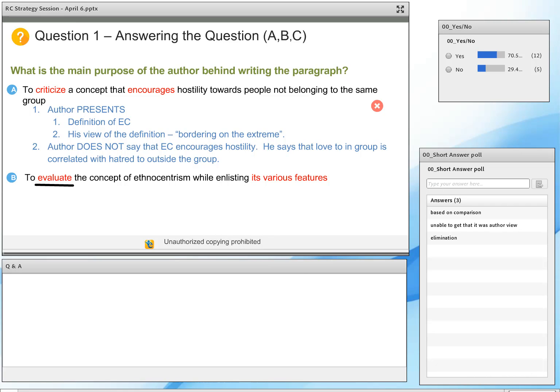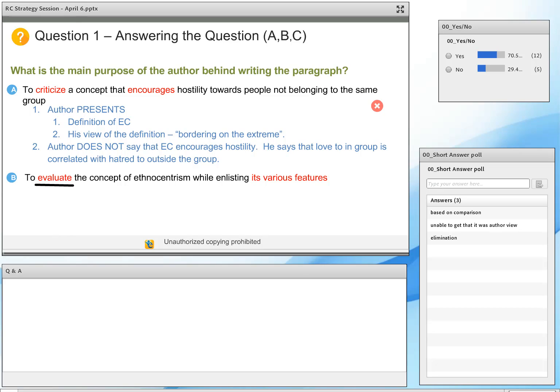Okay, what has happened here is you've selected the word evaluate because on the surface of the passage you see that there are certain positive terms, loyalty and so on, and then there is a negative term. What was the negative term? State of hostility. So you consider those two groups of words as evaluation, as positives and negatives. And that's why you end up selecting this choice.